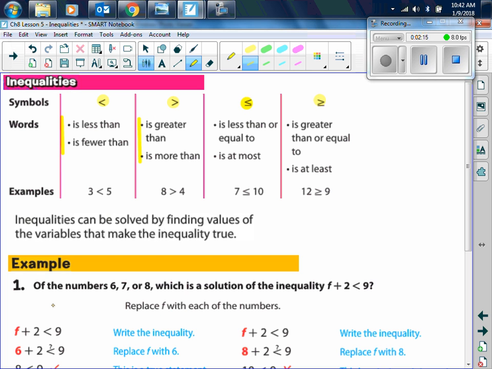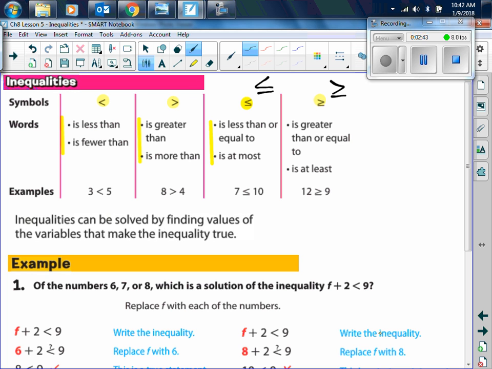The one with the line underneath it, you guys, is not connected. It looks like this. Less than or equal to. That's what that means. Less than or equal to means it's at most something. And then this one is greater than or equal to.